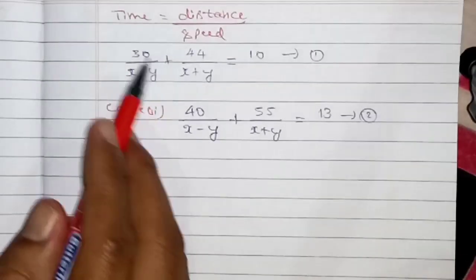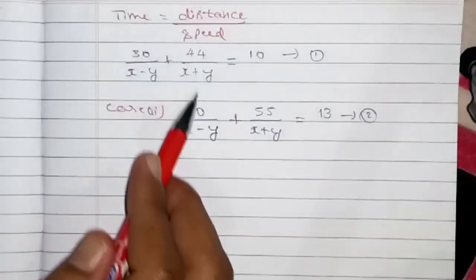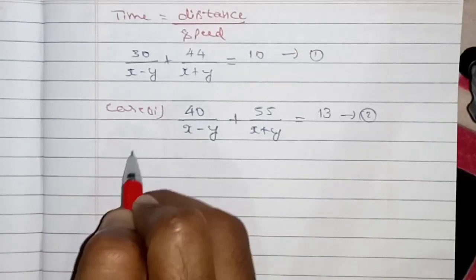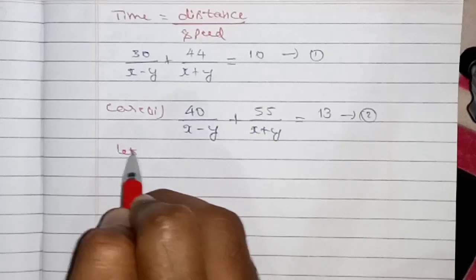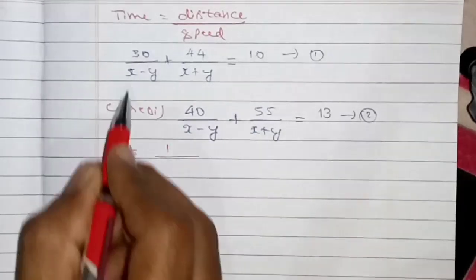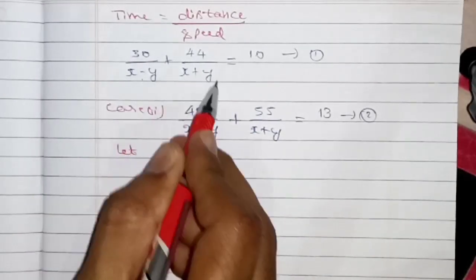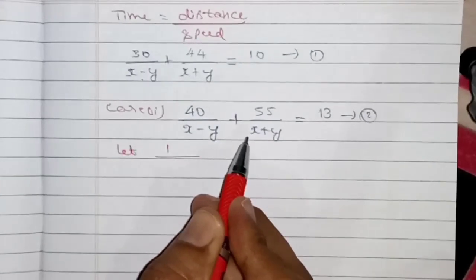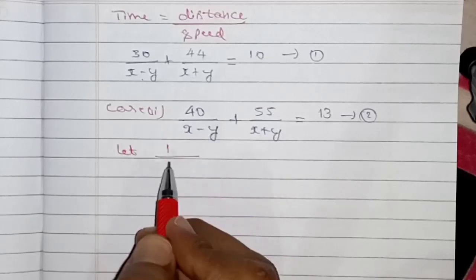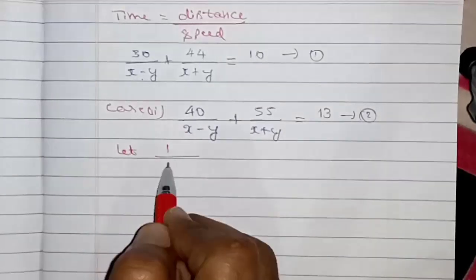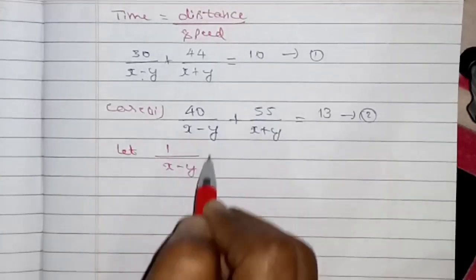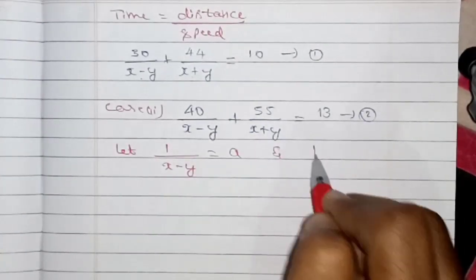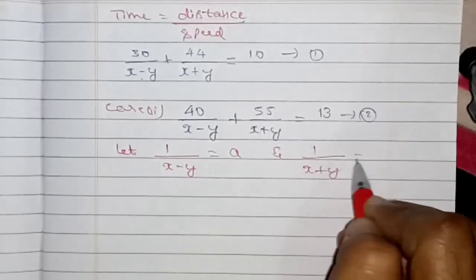Now you can solve these two conditions by using the reducible method. Just observe here, x minus y is there, x plus y is there, and here also x minus y and x plus y are there, so I can use the reducible method to reduce these equations. Let 1 by x minus y equal a, and 1 by x plus y equal b.